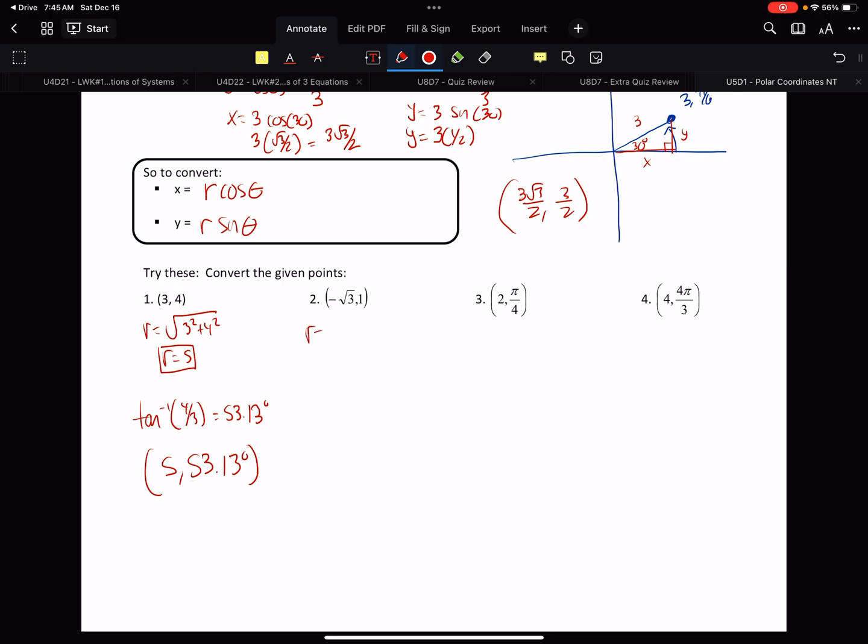All right, r equals the square root of negative rad 3 squared plus 1 squared. r equals the square root of 4, which is 2. Inverse tan of y over x, inverse tan of 1 divided by negative rad 3. I get negative 30 degrees.